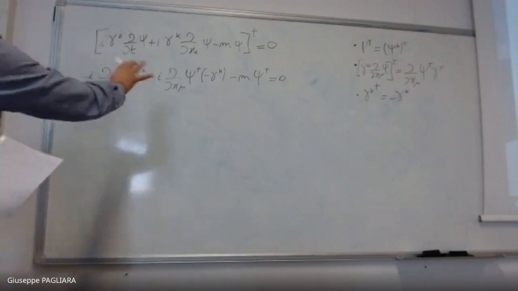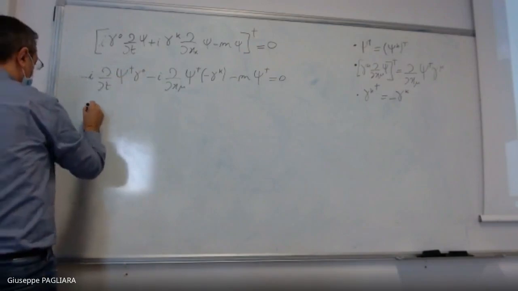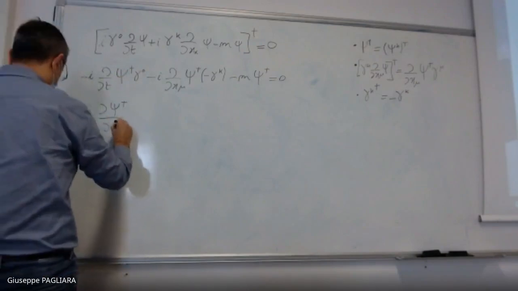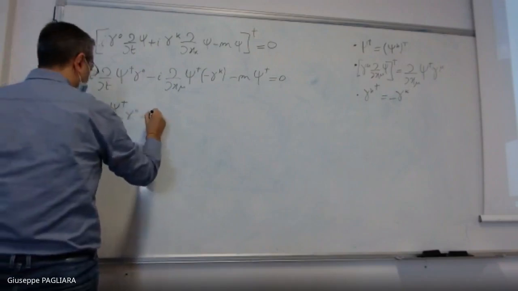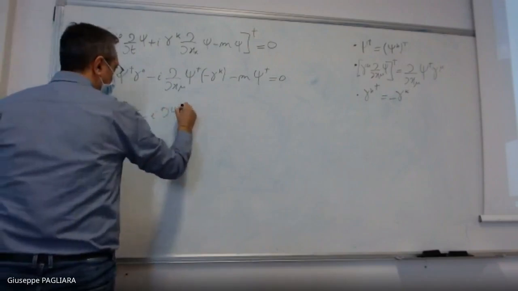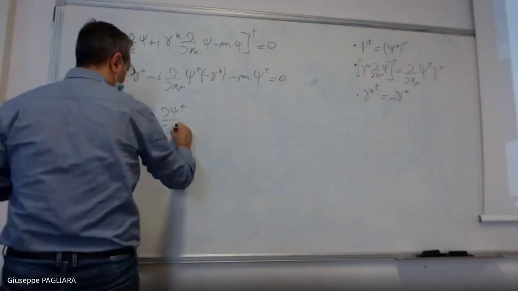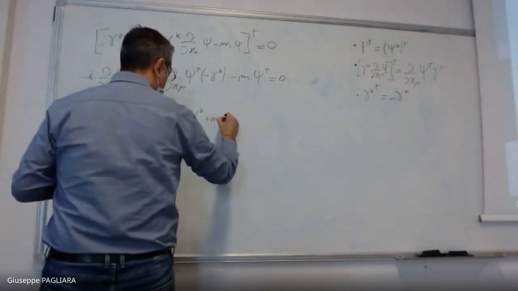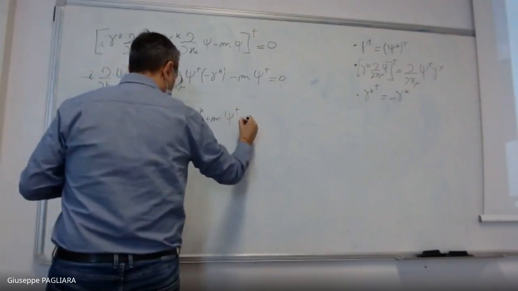And we can just adjust the signs. So this is equivalent to i ∂ₜ psi dagger gamma 0 minus i ∂ₓₖ psi dagger gamma k plus m psi dagger equal to 0.